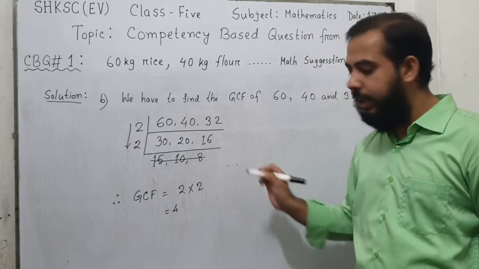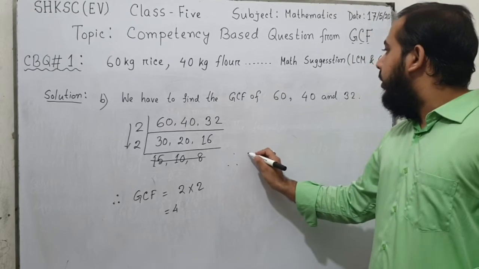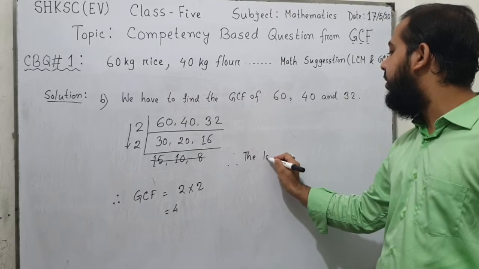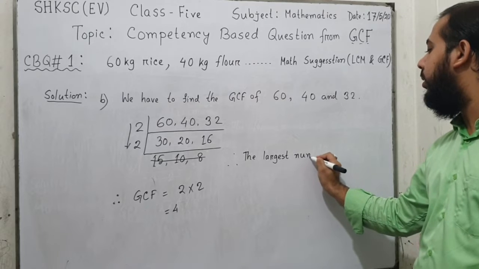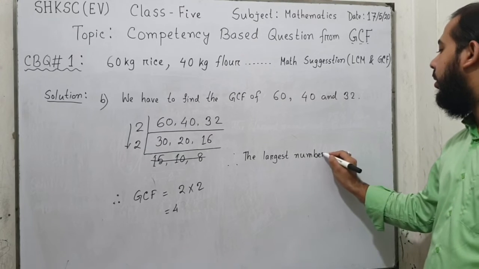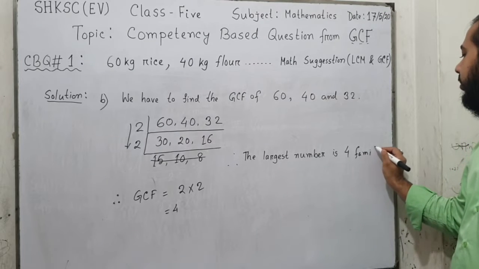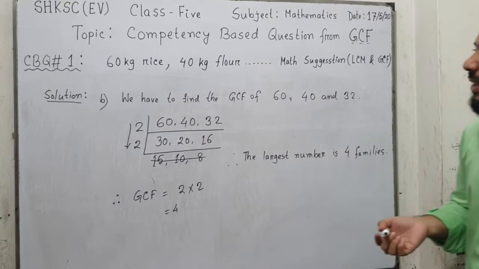So we can write here the maximum number of families, the largest number, is 4 families. So among 4 families we can distribute these items.